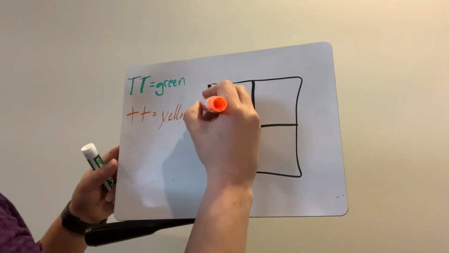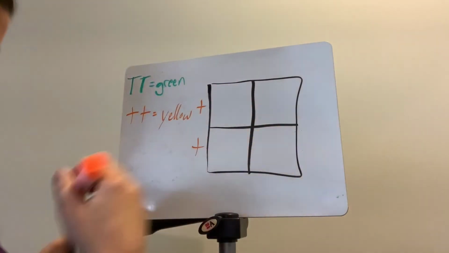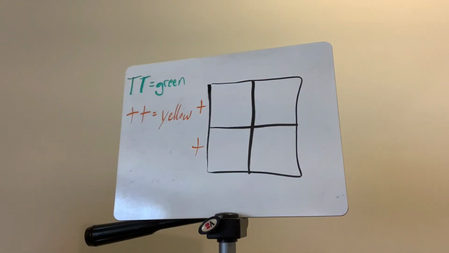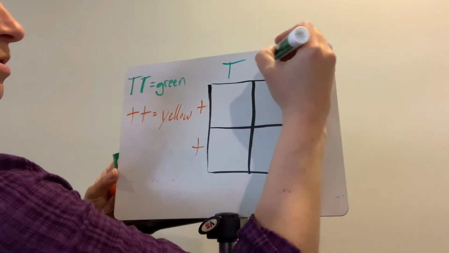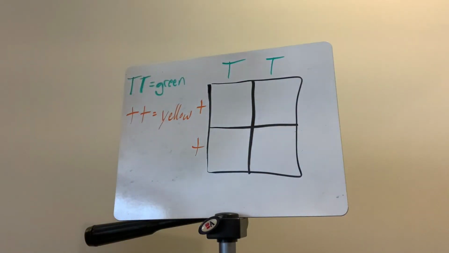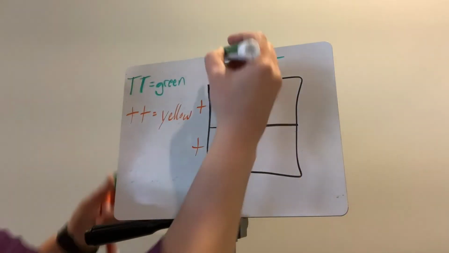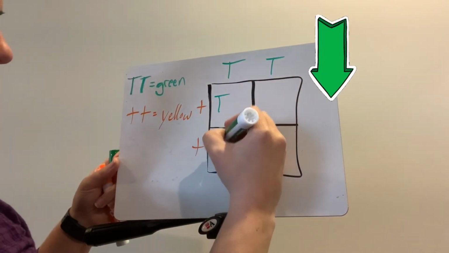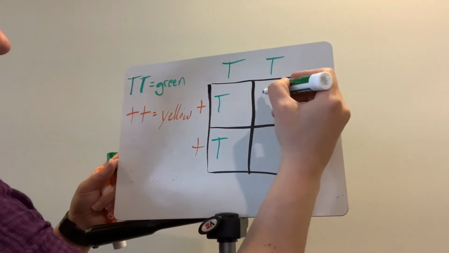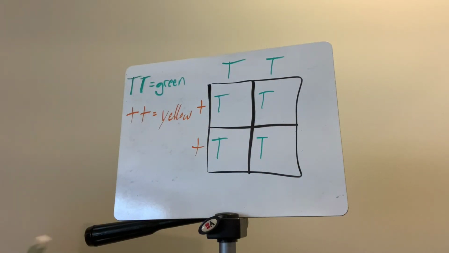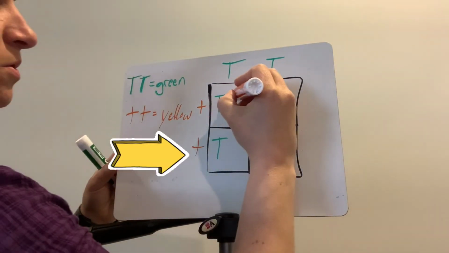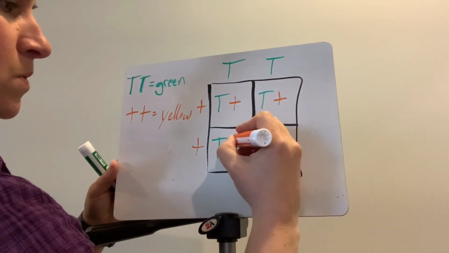So we're going to put our lowercase letters here, capital letters here. Same thing we always do. Pull down and pull across.